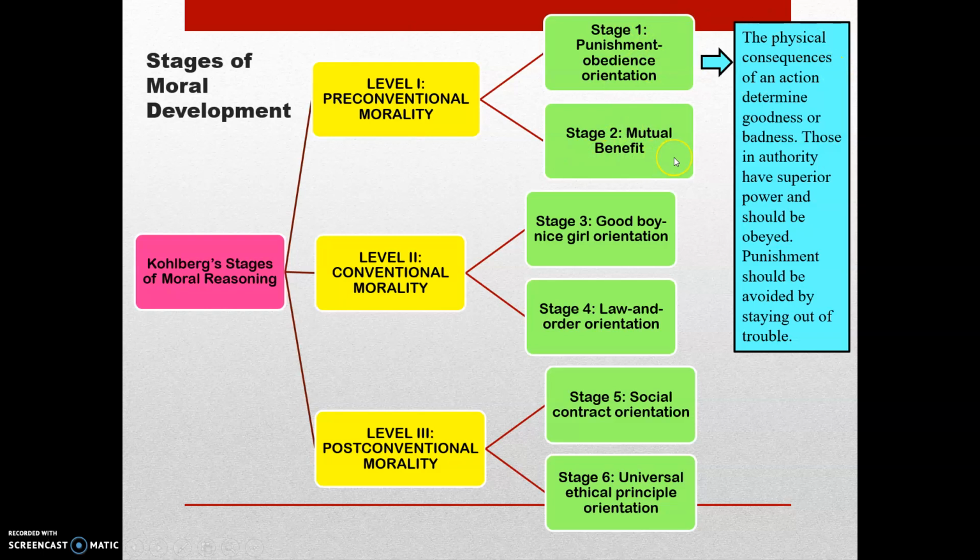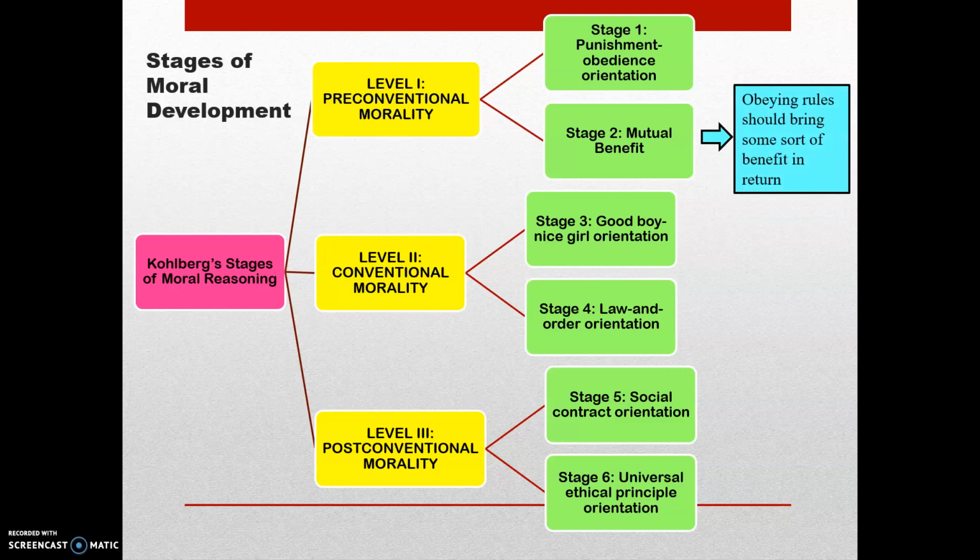And stage 2 talks about mutual benefit. The very famous quote we can associate with this is, you scratch my back, I'll scratch yours. So there is a mutual benefit. A child obeys rules because he or she can receive a positive consequence out of it, or will receive a reward.